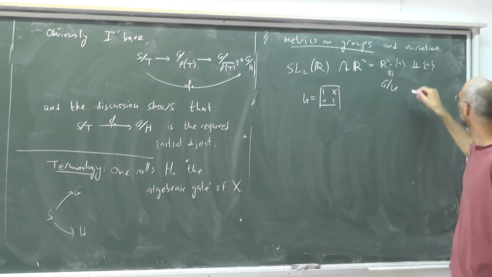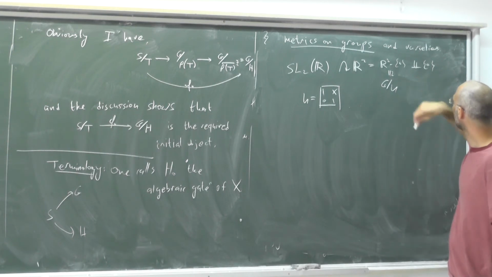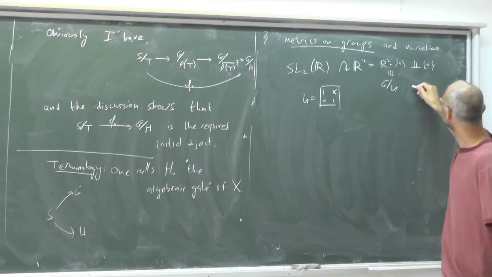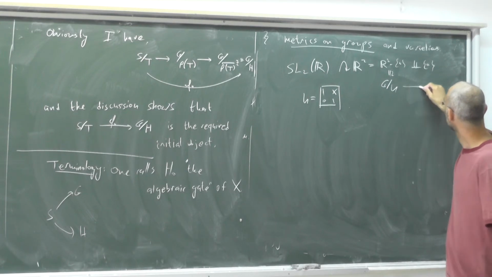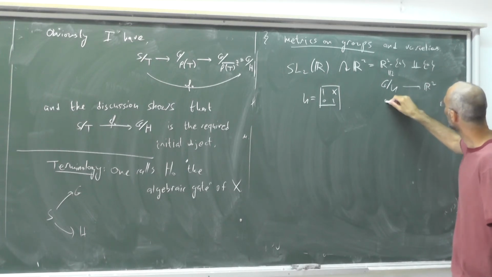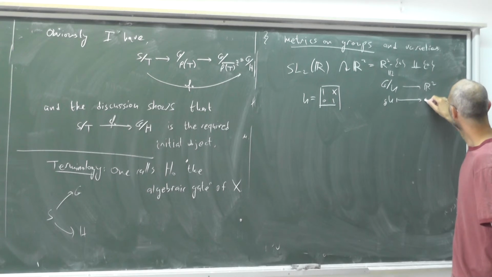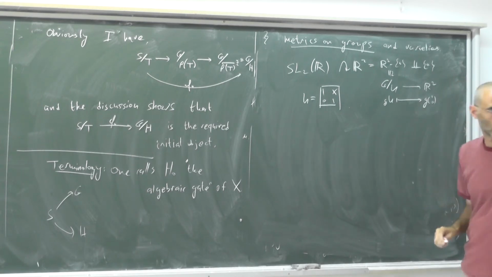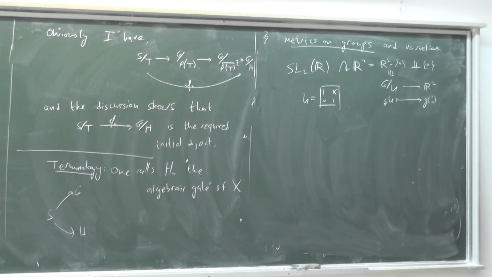Right? So the map to R2 here is gU goes to g of (1, 0). And obviously U is a standard unipotent group.